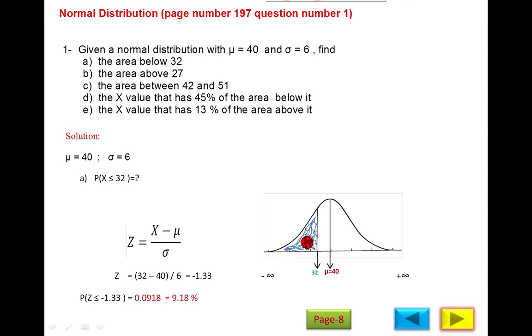This indicates only 9% of the data is below 32. Okay. Now next part, the area above 27.